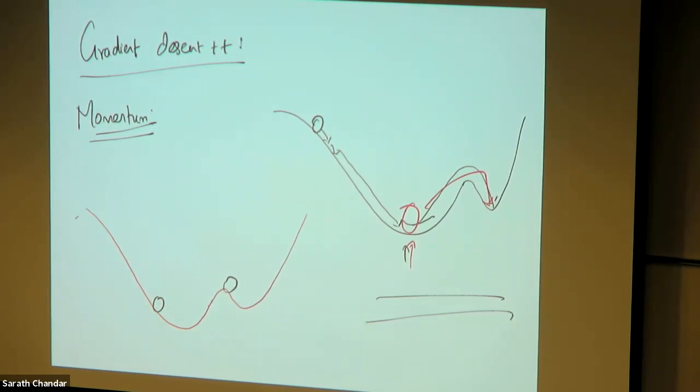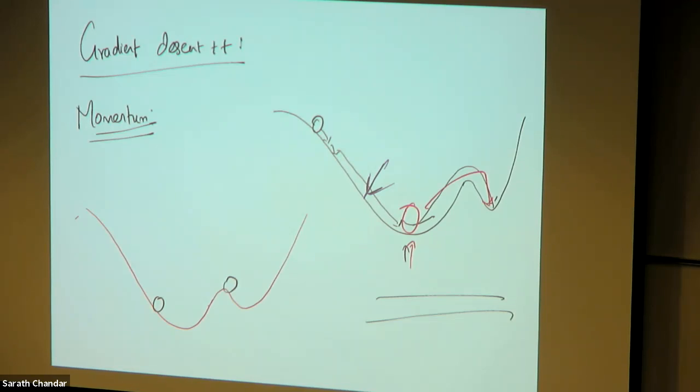Normally, you will start accelerating when you're going down. But when you see that there is going to be another uphill, given that you have looked ahead, you will start decelerating, right? You will start decelerating even from here. From here you know that there is an uphill coming, so probably I should slow down my speed.